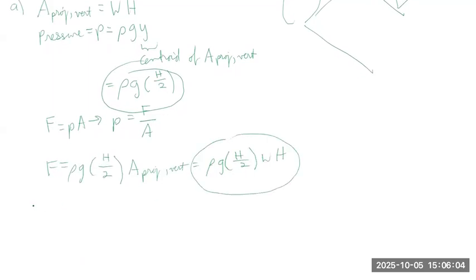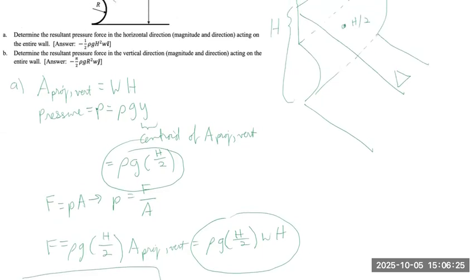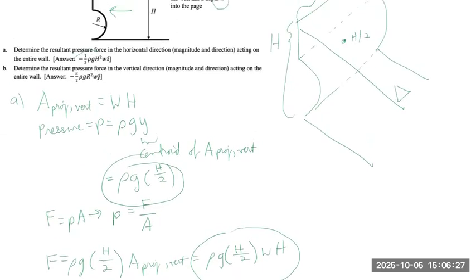So this means that the horizontal force is equal to negative rho g H squared over 2 W, and is pointing in the x direction, so we add an i hat. And this matches the given answer.